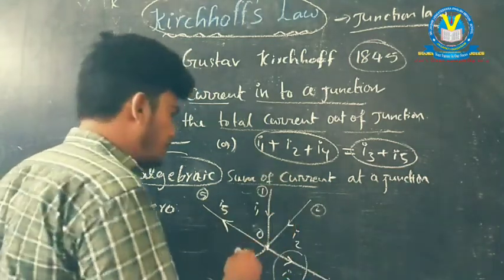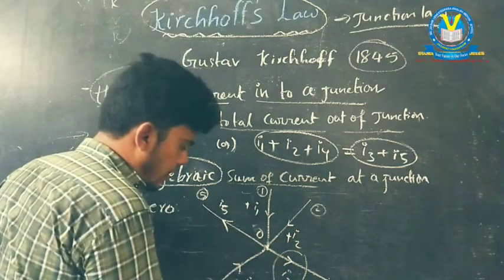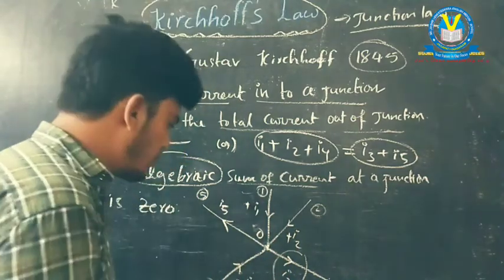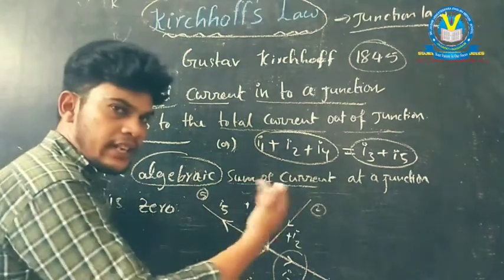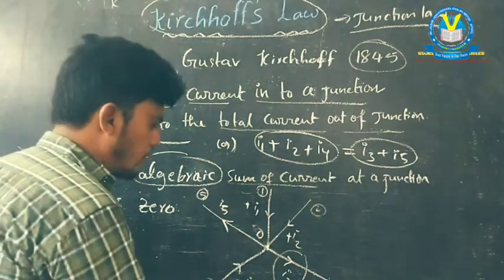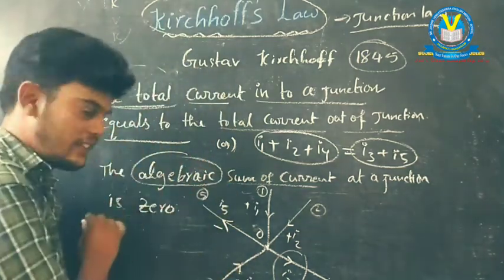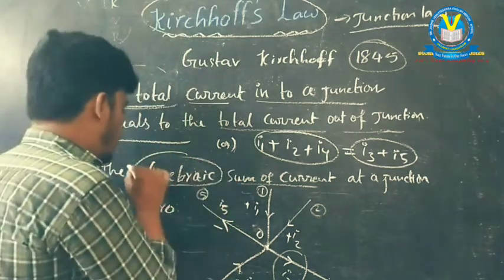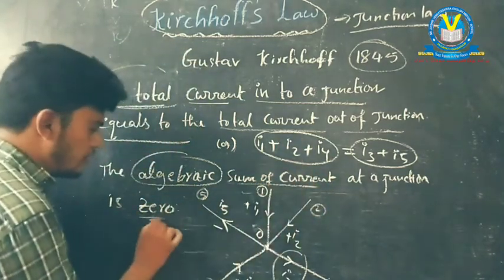So I1 is plus, I2 is plus, and I4 is also plus, because the current flows inside, adding. Leaving means subtracting, so I will take them as minus values. So these are algebraic values. The algebraic sum of the current at a junction is 0.